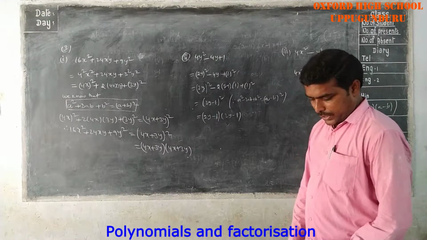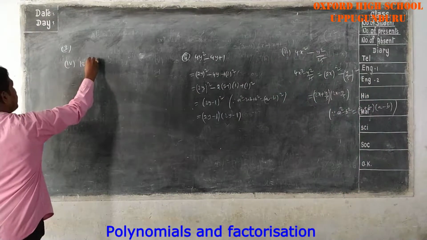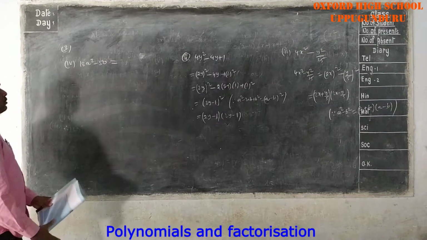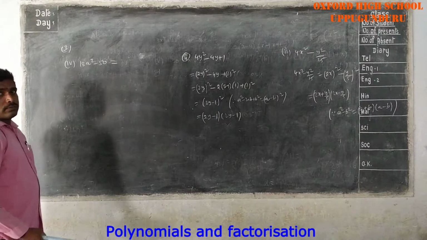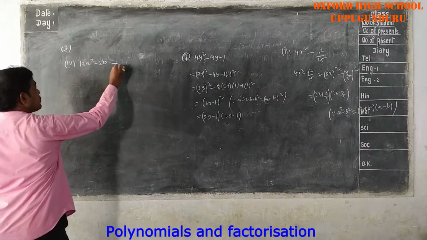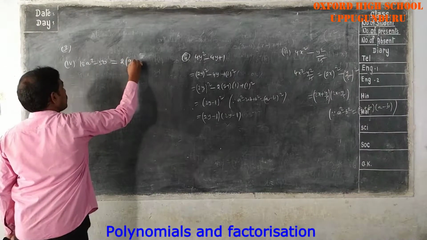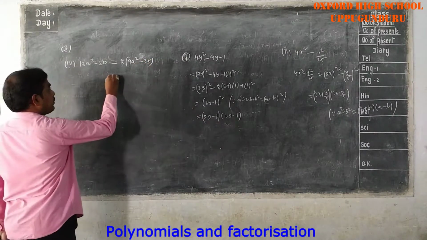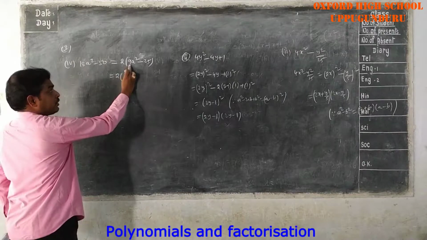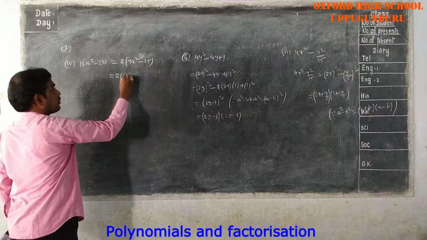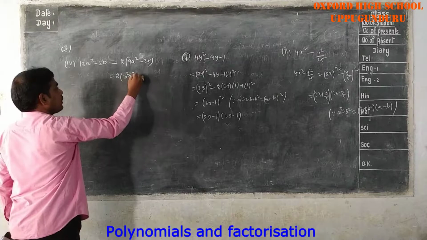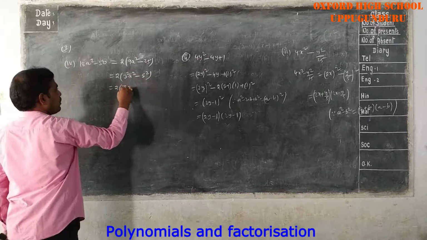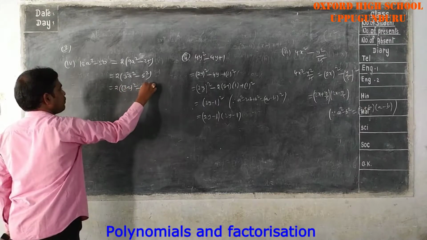Next, fourth one, 18a square minus 50. When you observe these two terms, 2 is common. Taking 2 common, 2 of 9a square minus 25. Again, 9 you can write as 3 square, 25 you can write as 5 square. So this you can write as 3 square a square minus 5 square, and 3 square a square as 3a whole square minus 5 whole square.